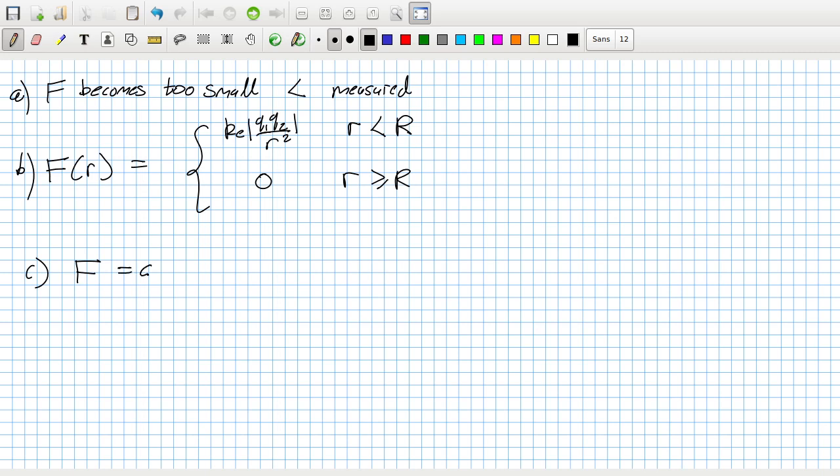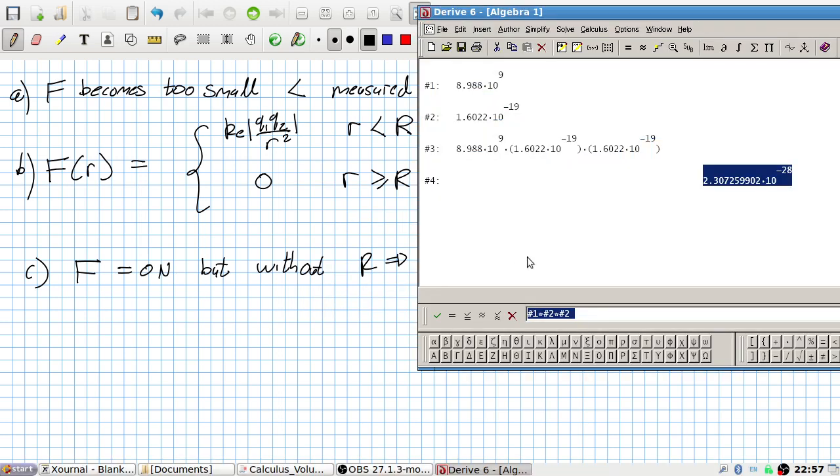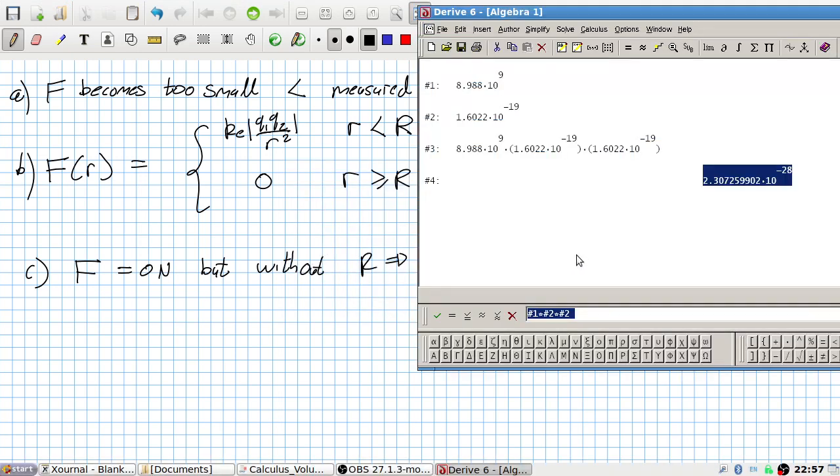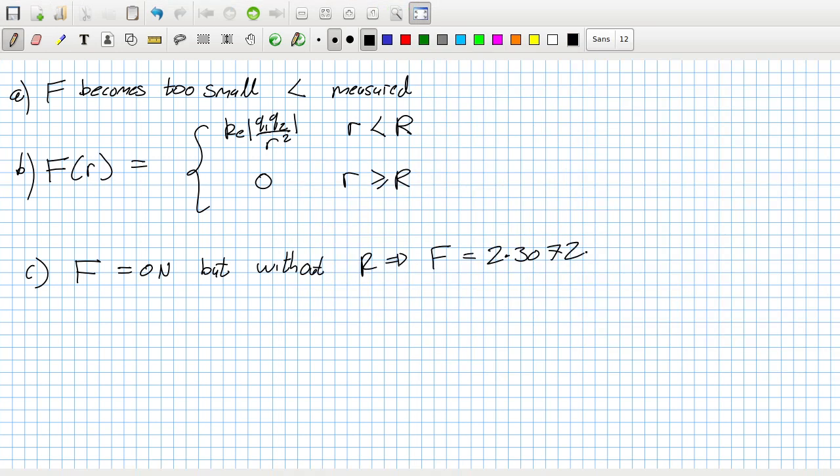With the model it should equal 0 newtons, but if we don't use this model, then the force would equal, we'll just do 3 significant figures, I'll write the full number: 2.307259902.